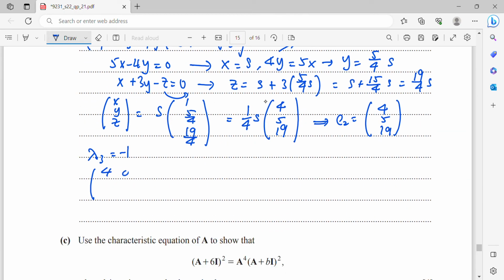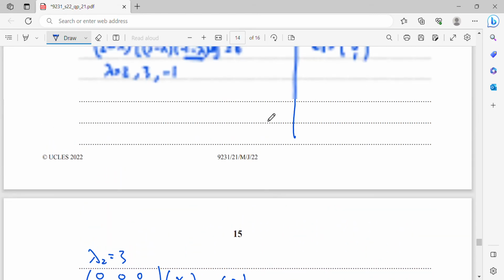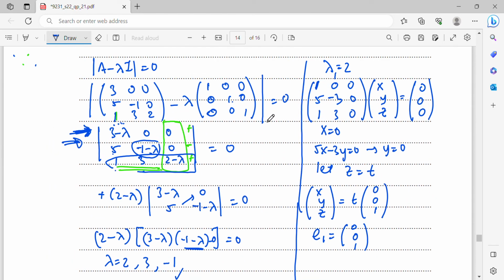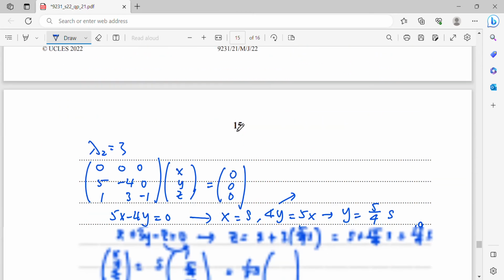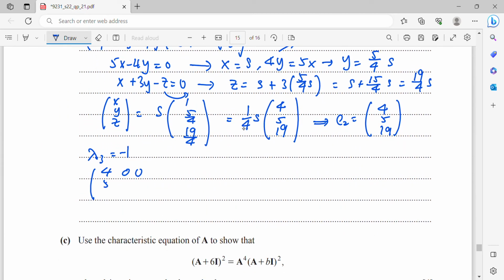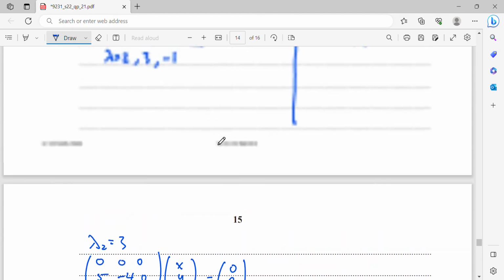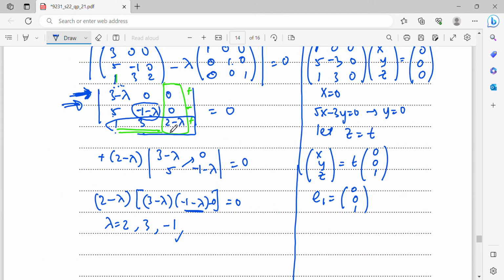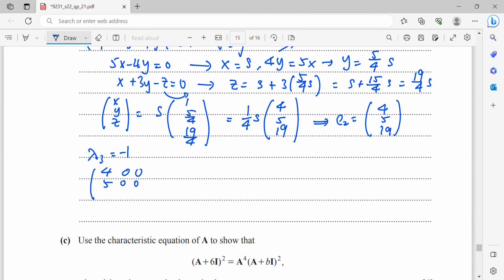Then my second row is 5 minus 1 minus minus 1 is 0. So 5, 0, 0. Then my last row will be, okay, 2 minus minus 1 is 3 for the last term here. So I will get 1, 3, 3. Then x, y, z equals to all zeros.